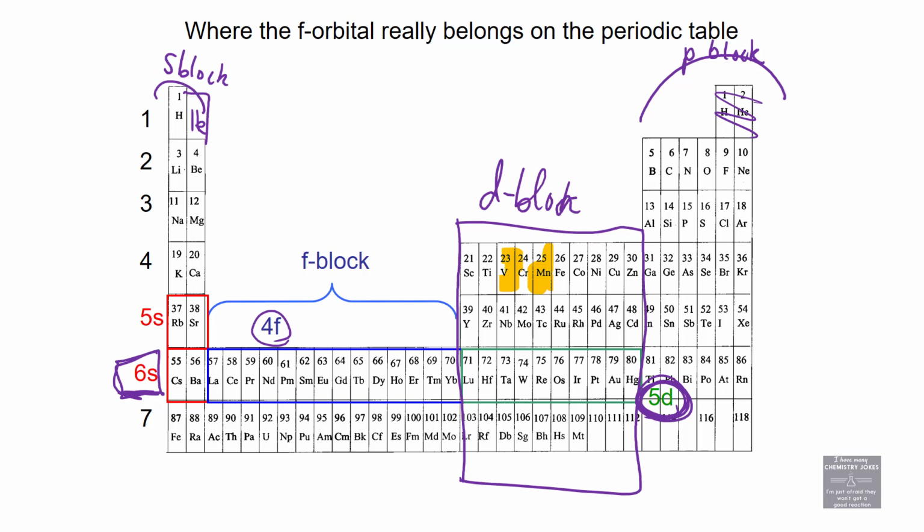It gets strange, I know, but 4s and then 3d and then 4p. 5s, 4d, 5p, 6s, 4f, 5d, 6p. It's going through that same arrow diagram, just looking at the periodic table instead of the arrow diagram. And that's enough. I'm done.